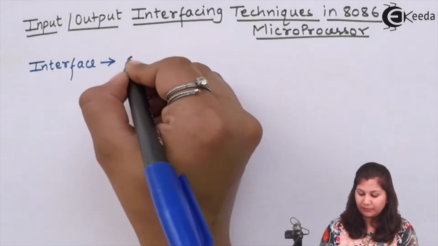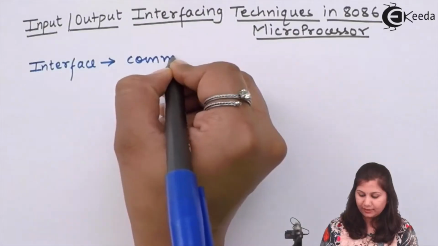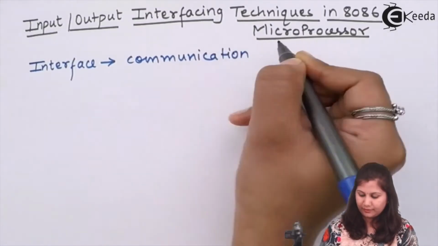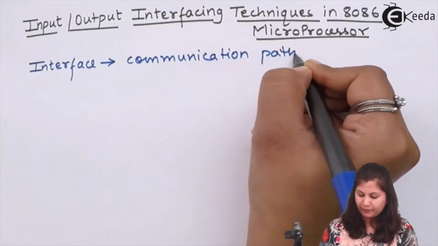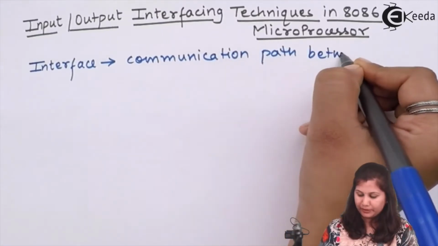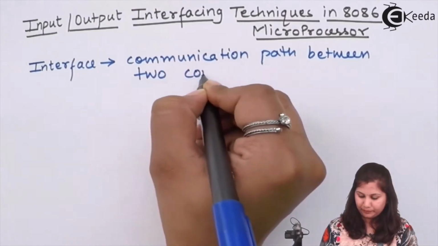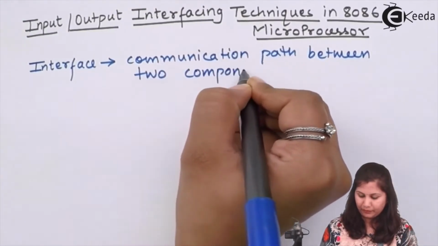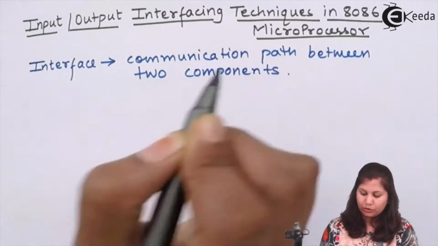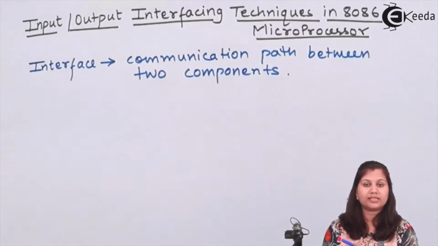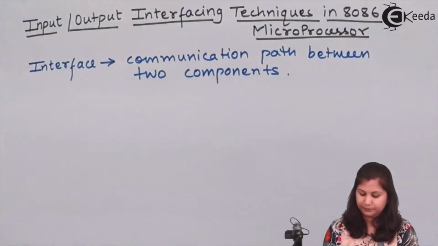So it is a communication path, we can say, between two components. So if we talk about interfacing, interfacing will be a technique by which the two components are communicating with each other.